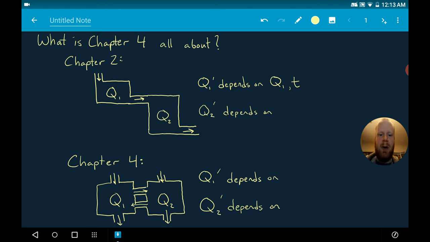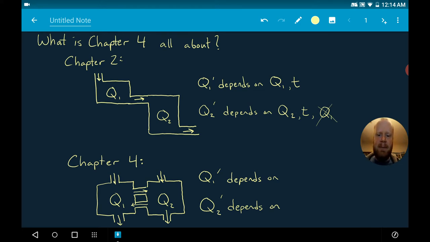And then Q2 prime was going to depend on Q2 and T, and also in some sense Q1, since it was determined by how much salt was in this tank here. But since we would solve for Q1, when we set up the two variables, the only ones we had to look out for were Q2 and T. We were able to write out this entire equation in terms of Q1 and T for this one, and Q2 and T.